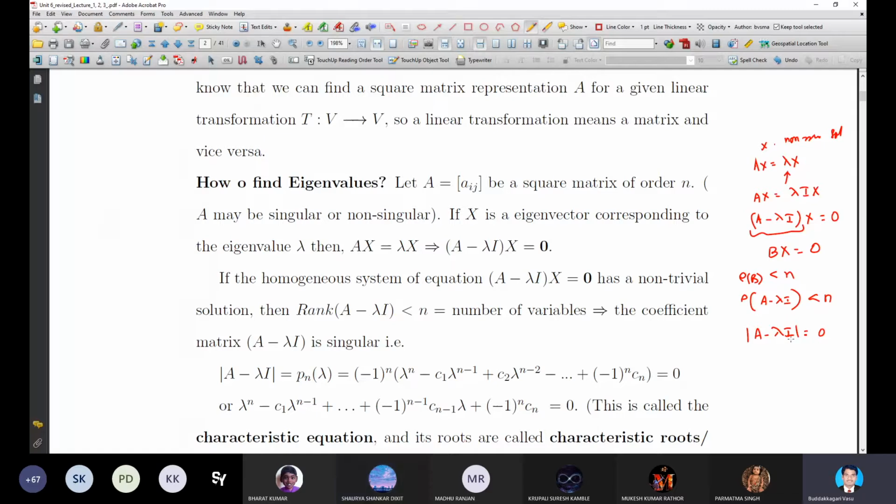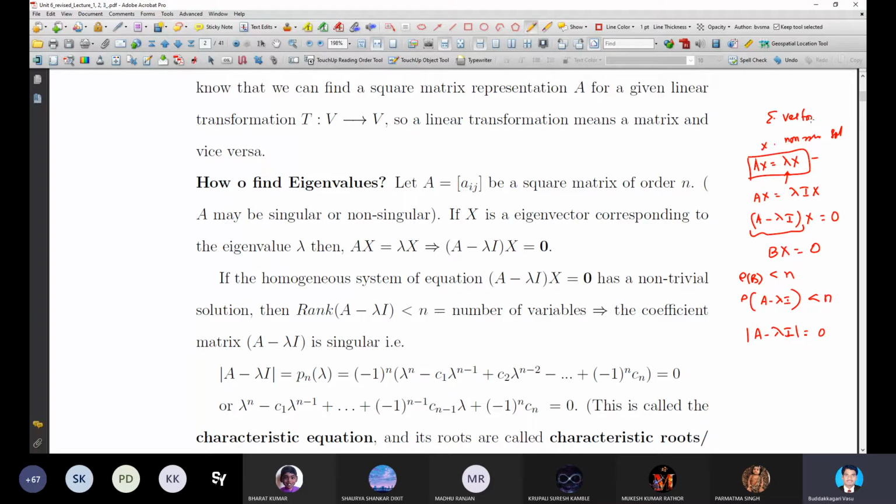These are very important points. The non-zero solution x of the matrix equation is said to be the eigenvector corresponding to the eigenvalue lambda, and it satisfies the homogeneous system A minus lambda I into x is equal to 0.